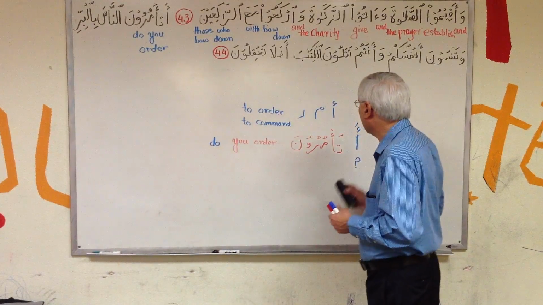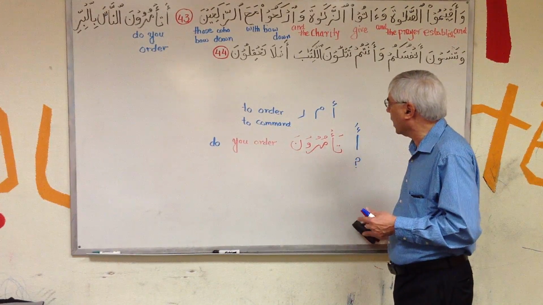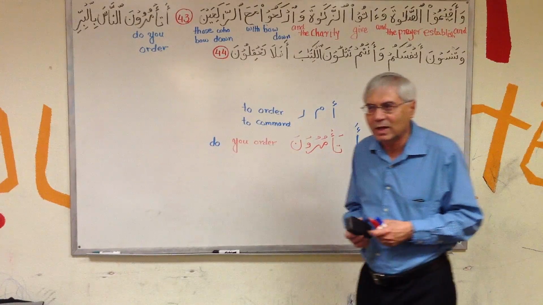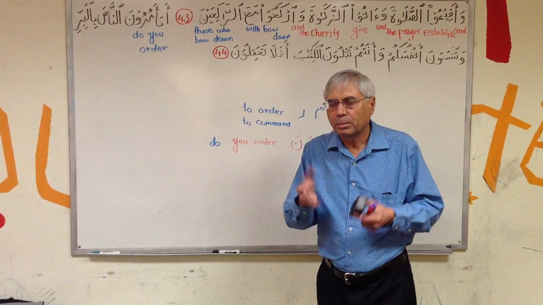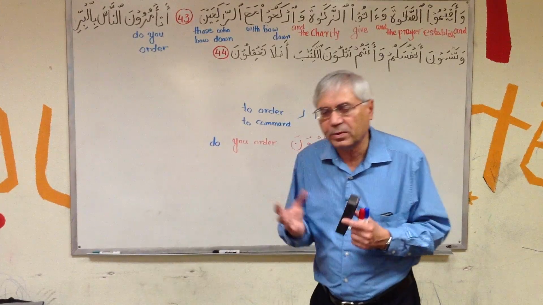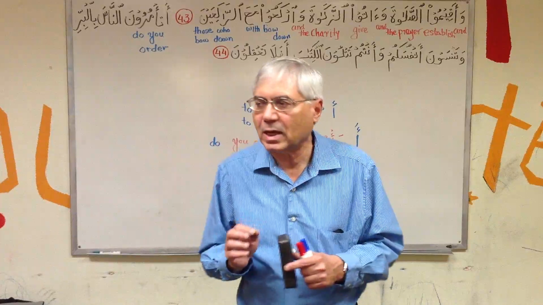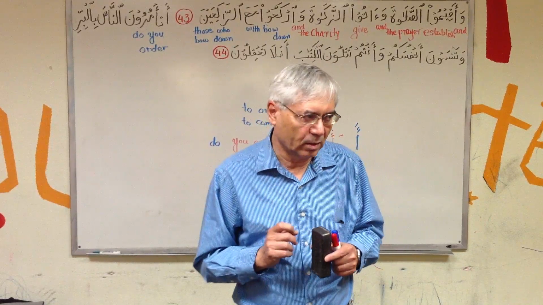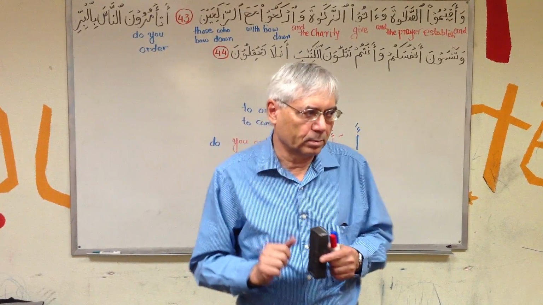So here the word is do you order? So Allah subhanahu wa ta'ala is asking people. Or in specific terms, Allah subhanahu wa ta'ala is asking the Jews, Bani Israel, do you order?